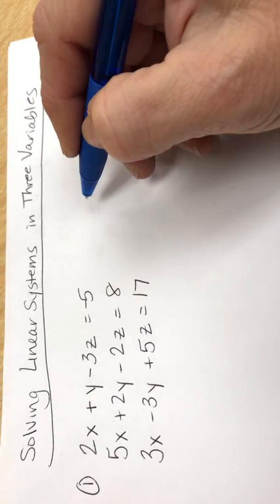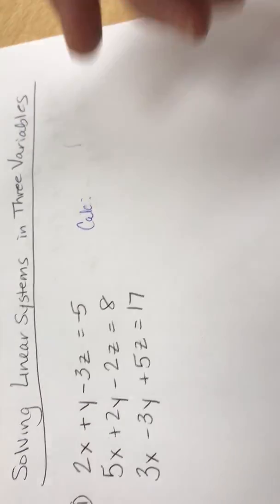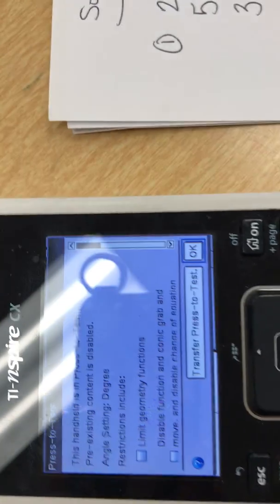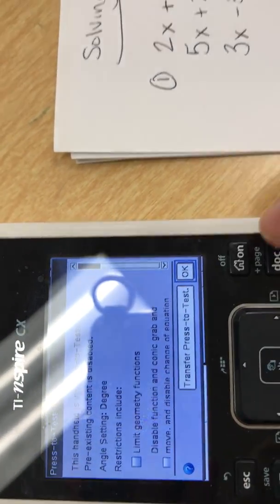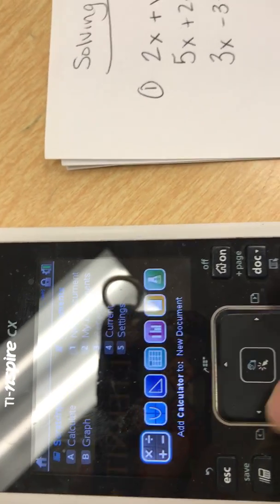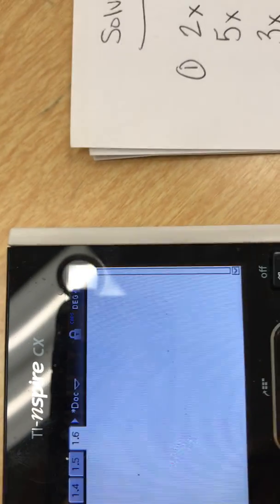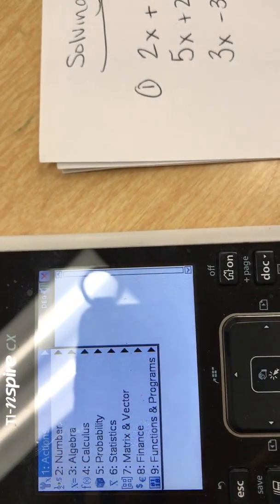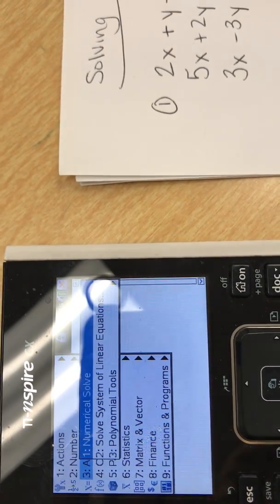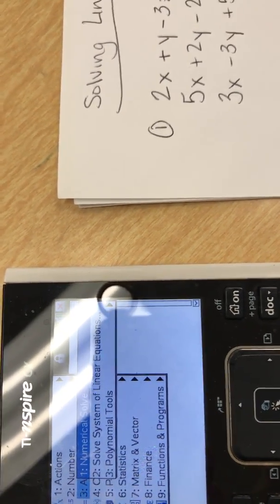Okay, so your first step is always to check in the calculator. Okay, let me get a calculator out real quick. And there's going to be some glare on this, but okay, so first thing we do is press menu, we go to algebra, and we do our solving systems of linear equations.